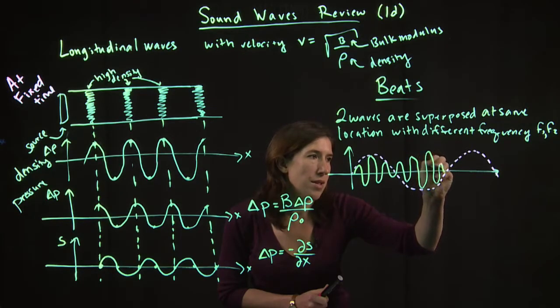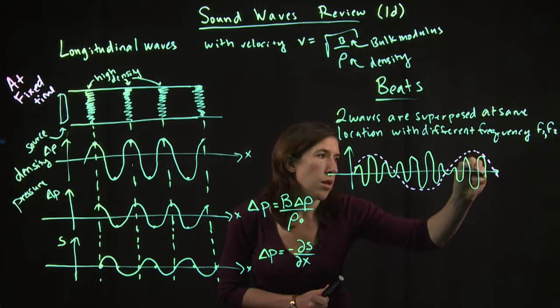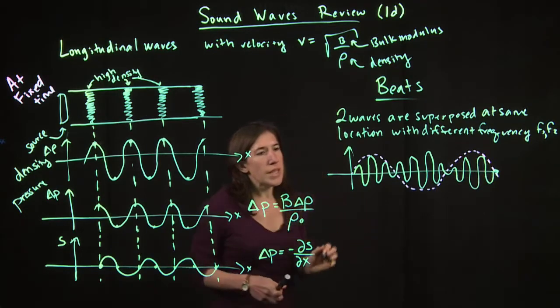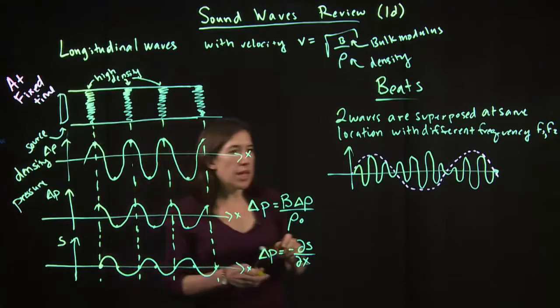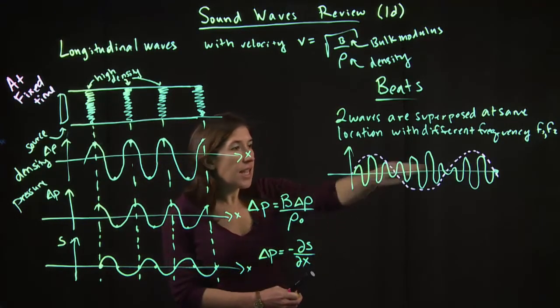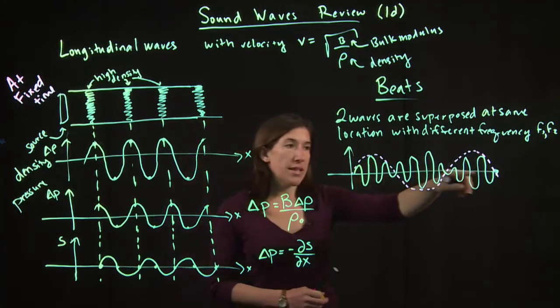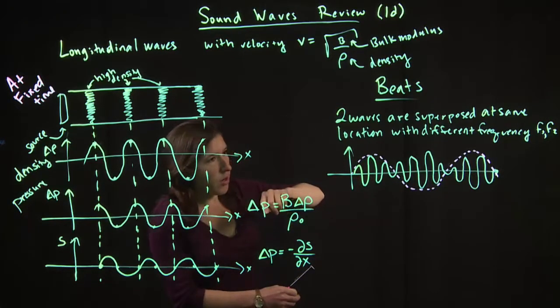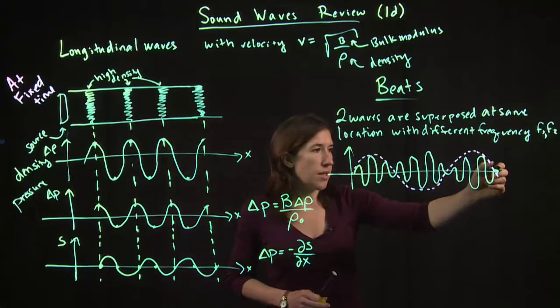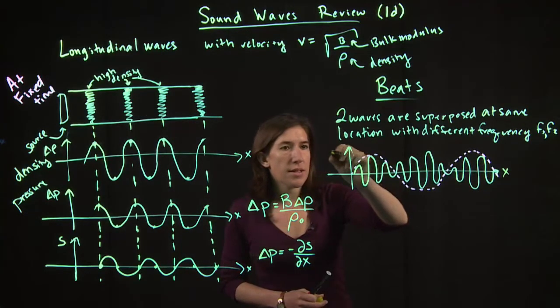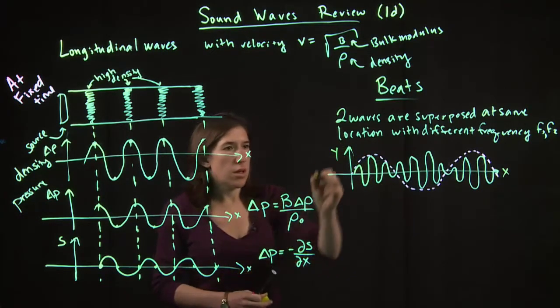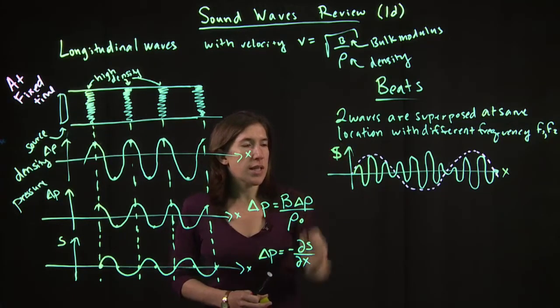Oh, that one was a little funky, but you get the idea. So basically you have a sinusoidal wave, but its amplitude is varying. So this might be in space, or I'll use S, because that's what I've been using for the displacement.